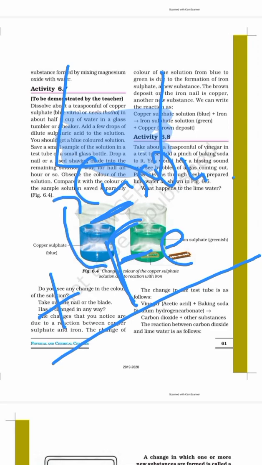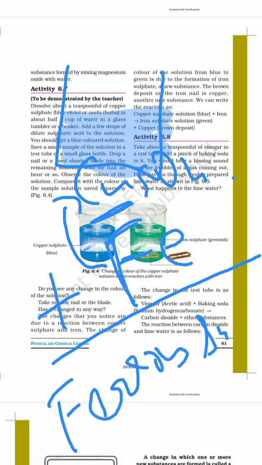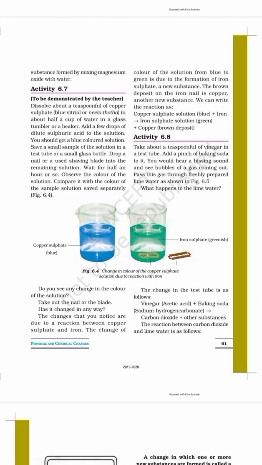So instead of copper, I will have to write iron or ferrous. Let me show you in your textbook. In your textbook, above activity 6.1, the reaction is written: copper sulfate plus iron gives iron sulfate plus copper. So what happened? Iron and copper interchanged places.